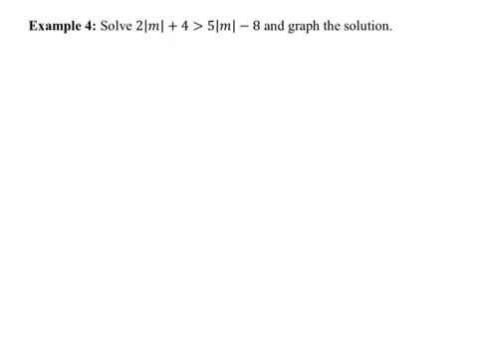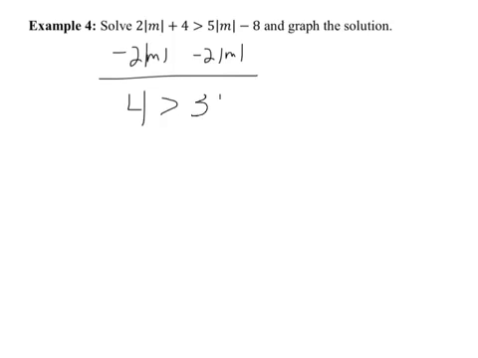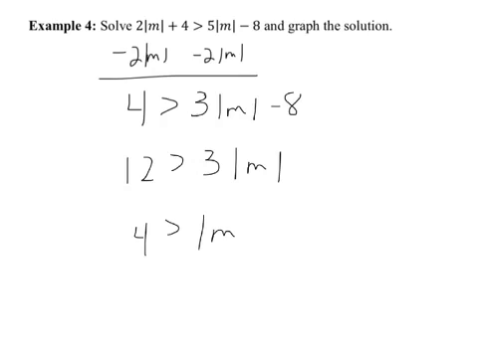So start by subtracting 2 absolute value of m from both sides, yielding 4 greater than 3 absolute value of m minus 8. Add the 8 over to both sides, you're going to get 12 greater than 3 absolute value of m. Well, 3 is a multiplier on the outside, so divide by the 3. So you get 4 greater than absolute value of m.